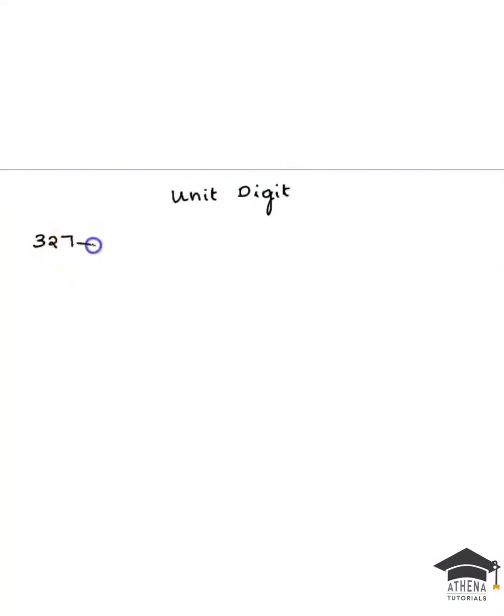So 7 will be the unit digit, or it will be in the ones place. 2 will be tens. 3 will be hundreds. Likewise, if the number continues, it will be thousands, ten thousands, lakh, etc. But here, let's focus only on the unit digit.